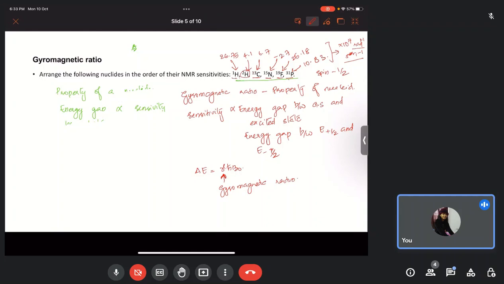Whenever you have a higher gyromagnetic ratio, you have a higher energy gap, which in turn results in a higher sensitivity of that experiment. So which one would have the higher sensitivity?